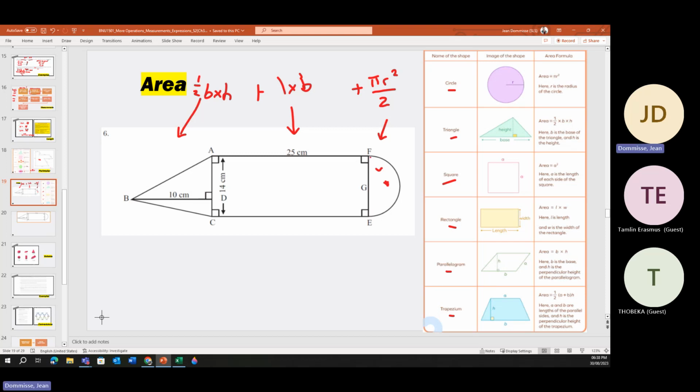Okay, so let's see. Pi is 22 divided by 7. Radius, do we know what that radius is? You can also type in the chat, what do you think that radius would be?